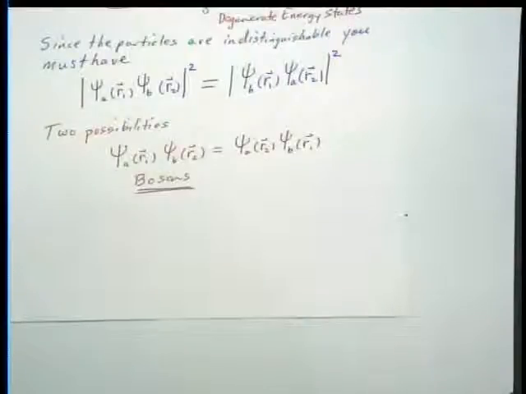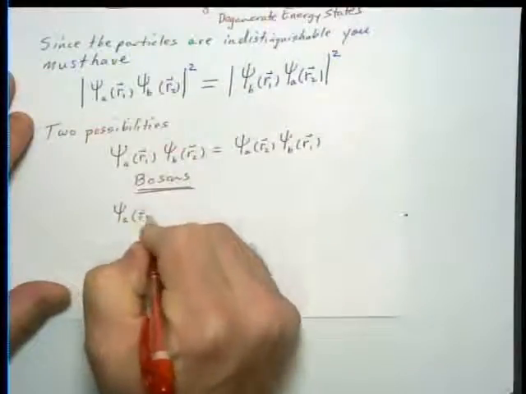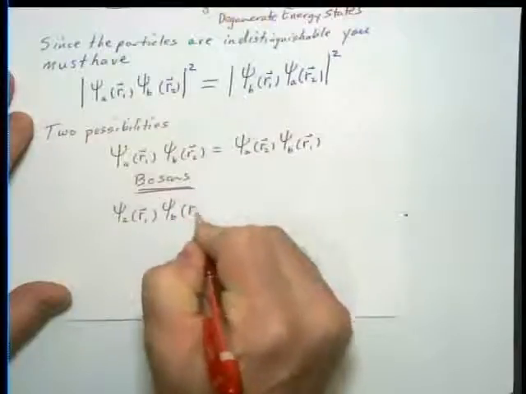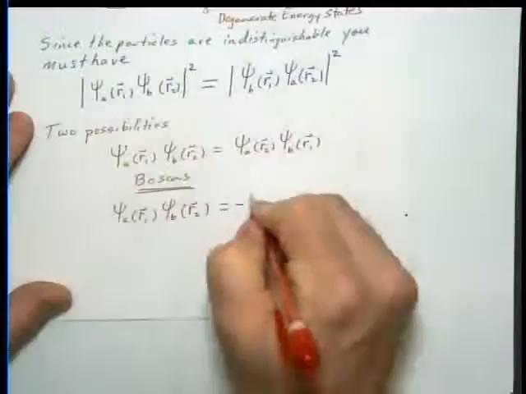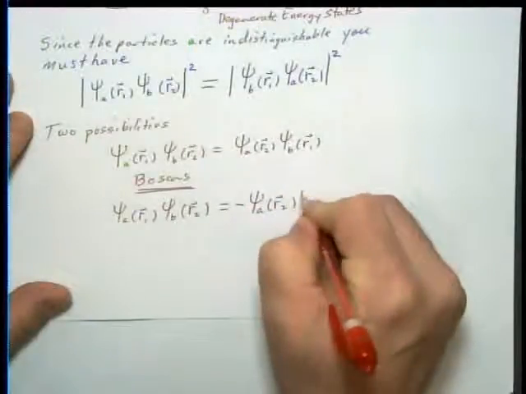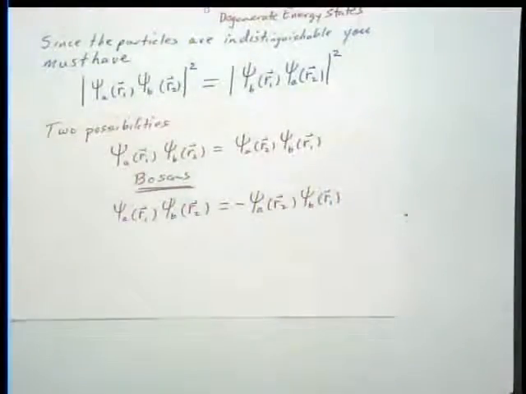All right. Little ducks. The other possibility is the following. You switch the particles. This time what you get is this. You get a minus sign in the wave function.